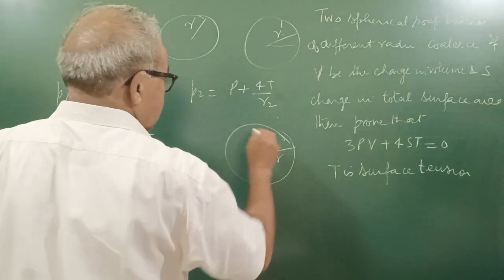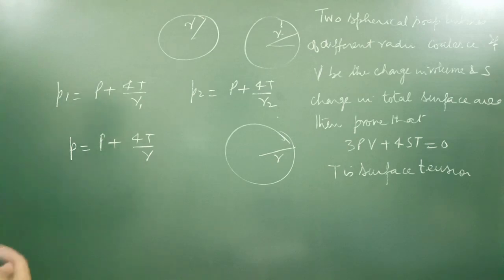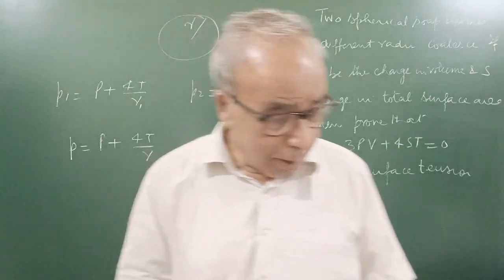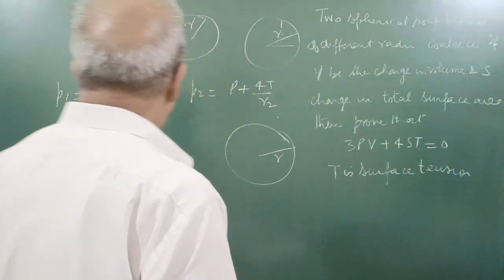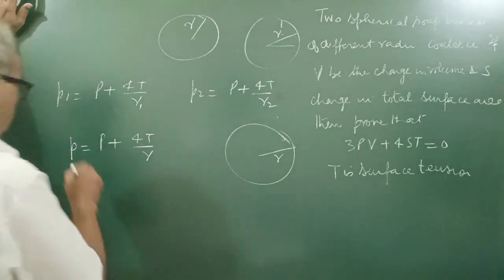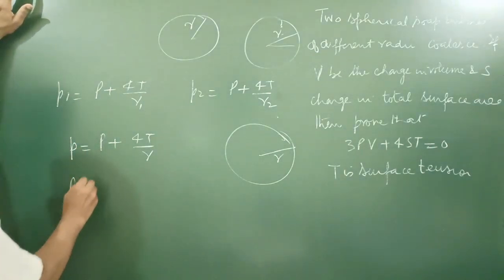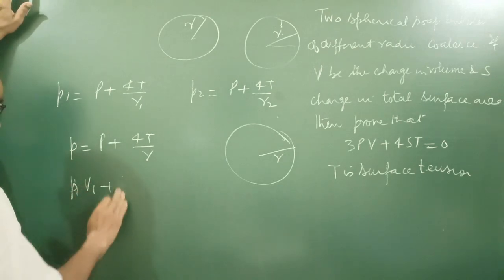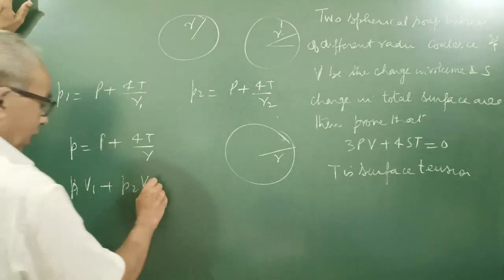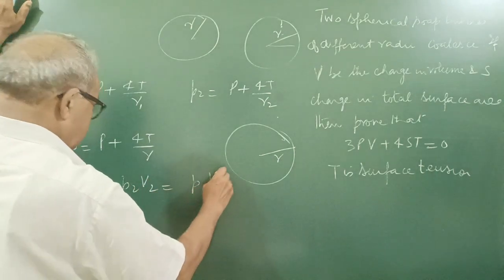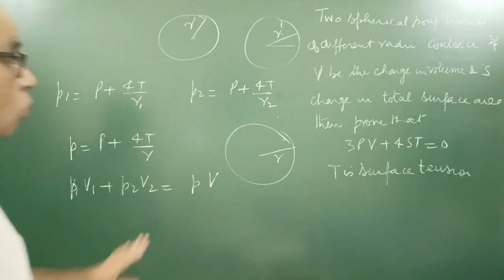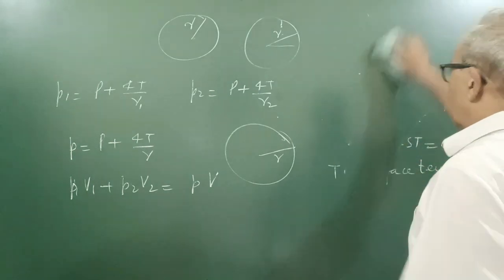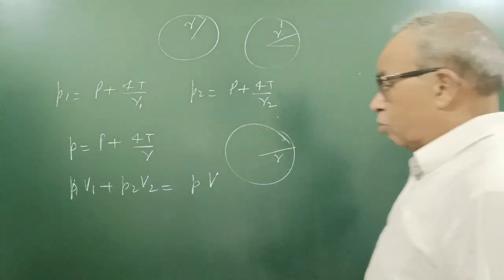Now, if the temperature is supposed to be constant, then P1 V1 plus P2 V2 is equal to P into V. The volume of a bubble is 4 by 3 pi R cube, the general formula.